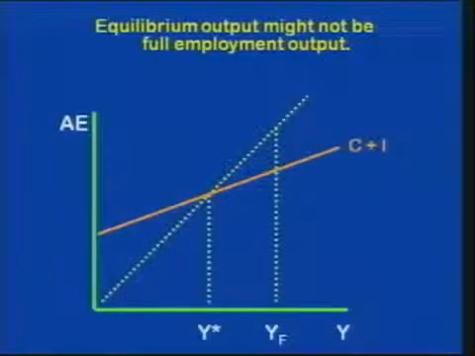What is actually happening here is that the amount that people are saving is greater than the amount that firms are investing. So people spend only part of their income on consumption, and that gap is not being made up by investment by the firm. Okay? It's only being partially made up. And that's why firms and consumers together don't end up buying everything that's being produced.